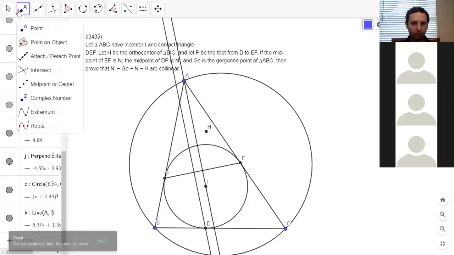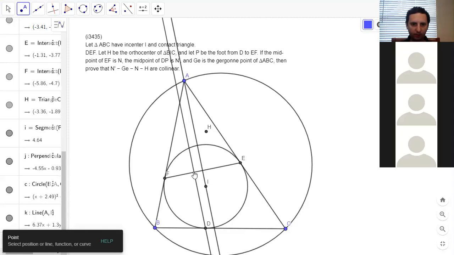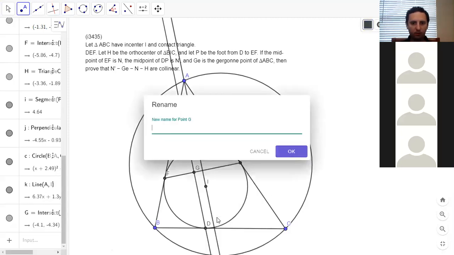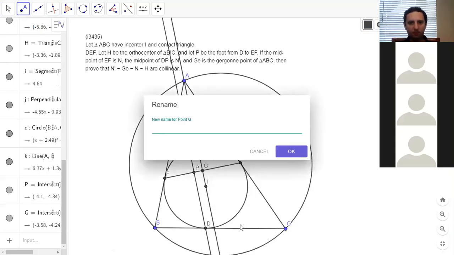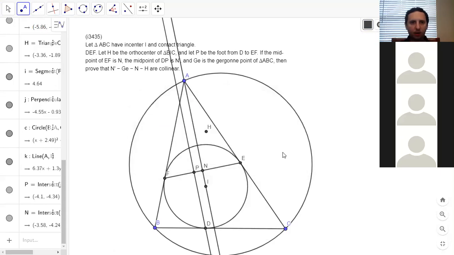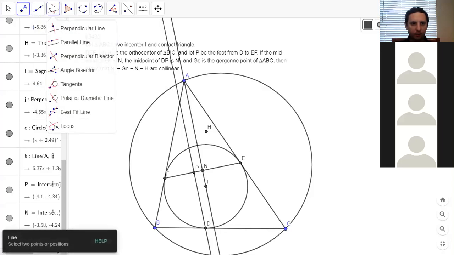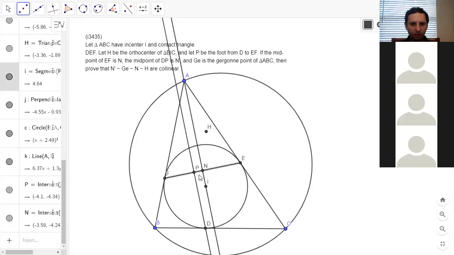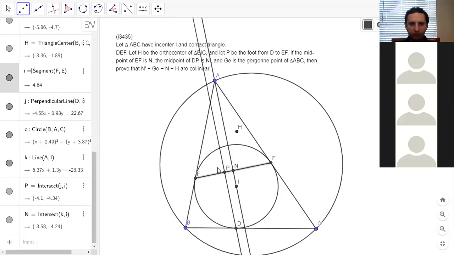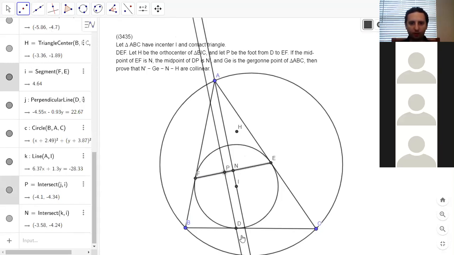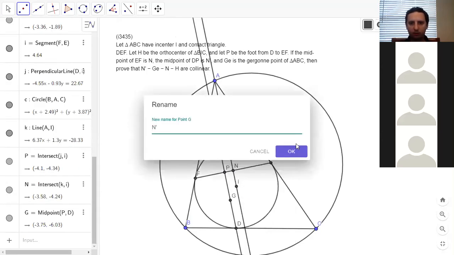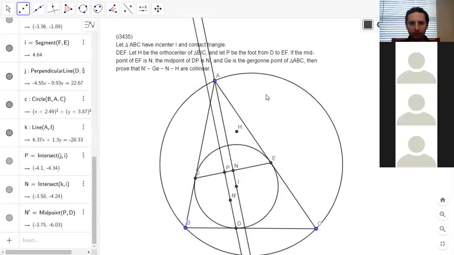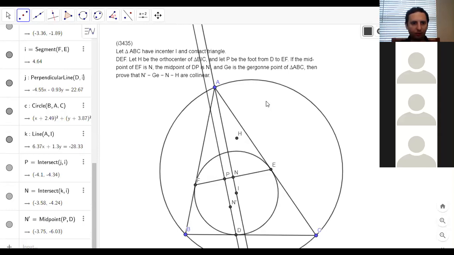So this is P and this is N. The midpoint of DP is N. Oh, this is N prime, sorry. GE is the Gergonne point. Oh, this is just the Schwatt line.